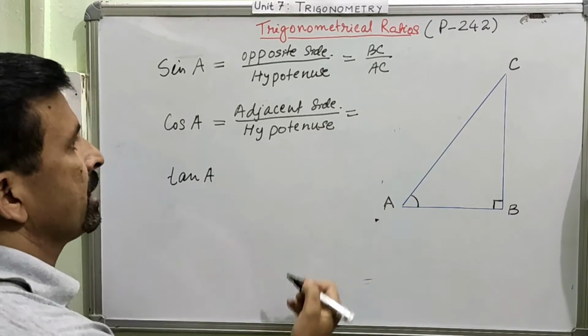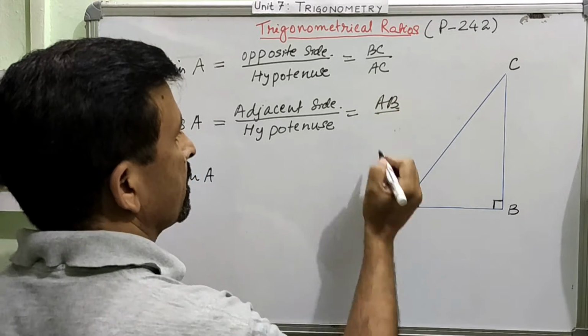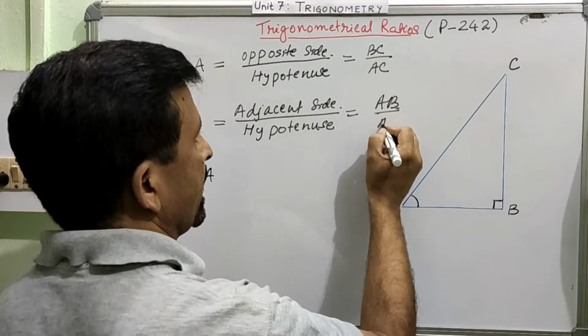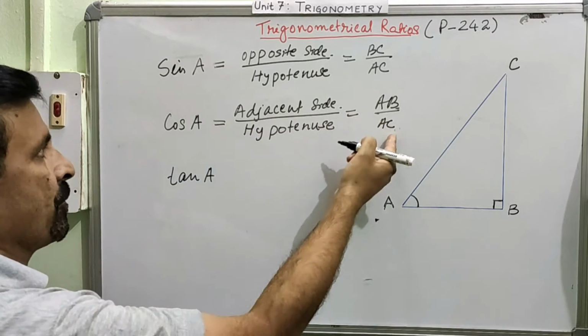Now if you look at the diagram, your adjacent side is AB and the hypotenuse is AC. Is it okay?